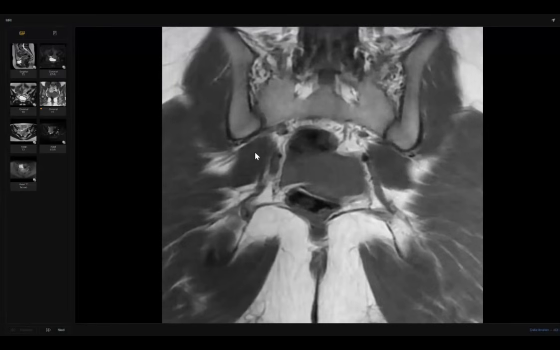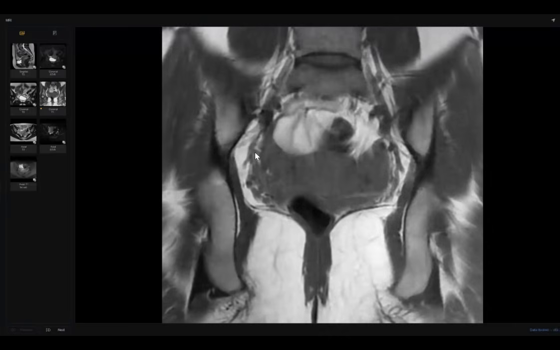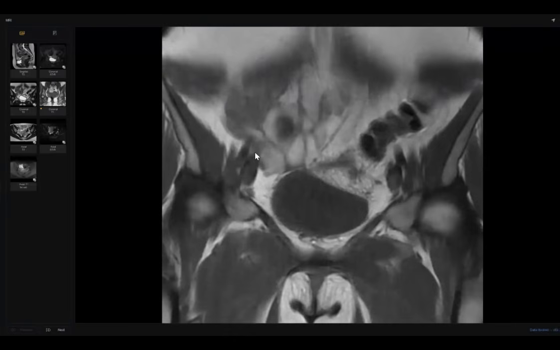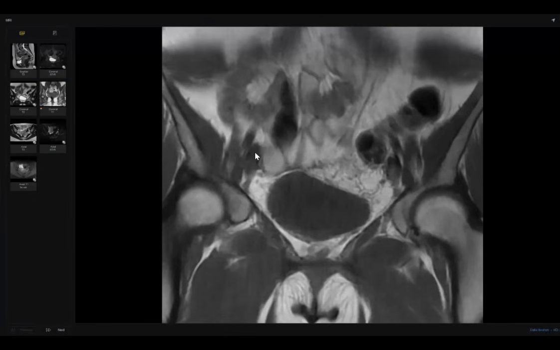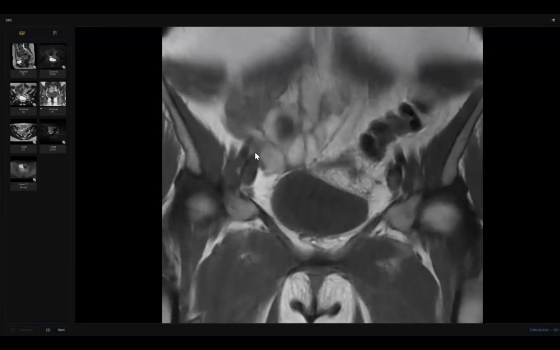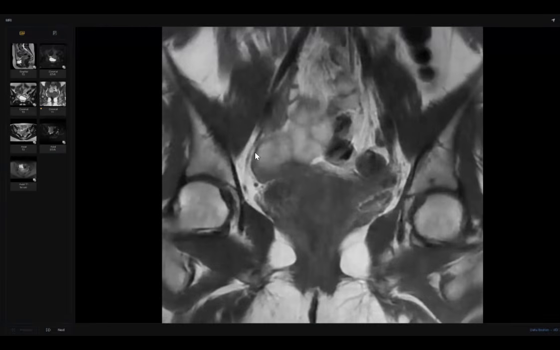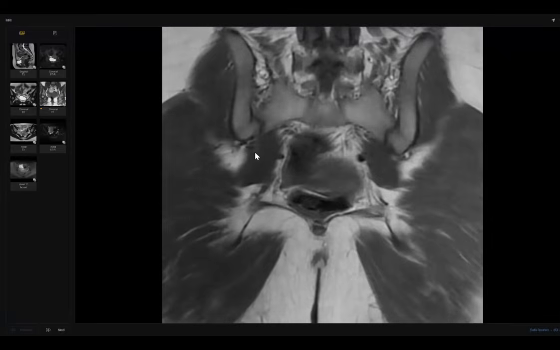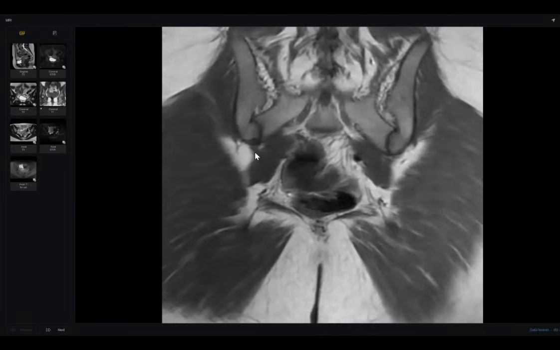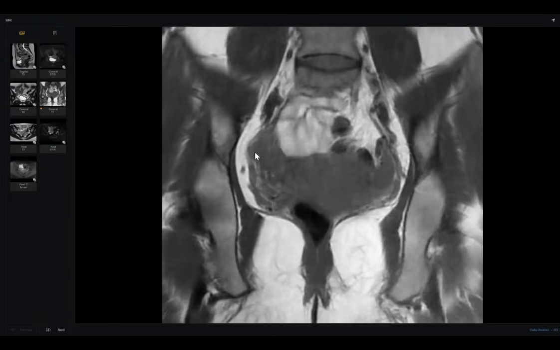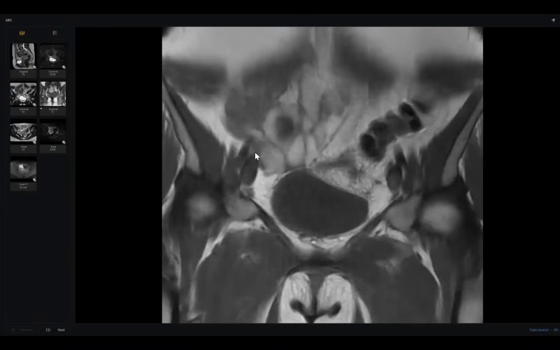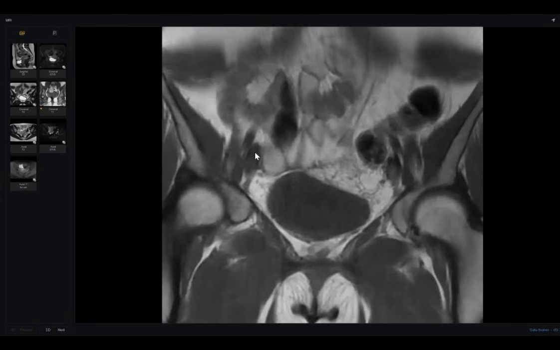The rest of the bowel loops and visualized bones are also appearing normal. I'm not able to see any other altered signal intensity area in these images.